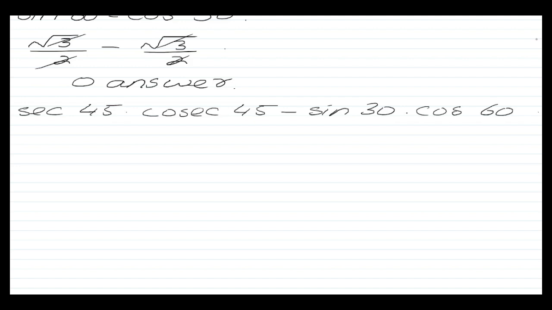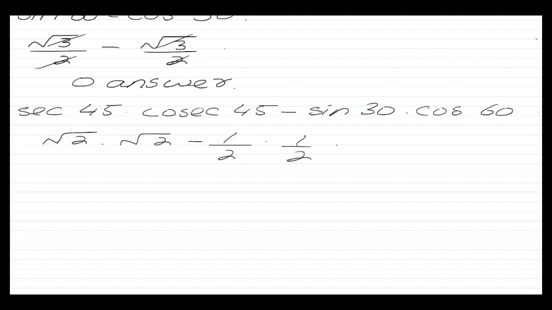So what is sec 45? Sec 45 is under root 2 and cosec 45 is also under root 2. So they will be subtracted with 1 by 2, which is sine of 30, multiplied with the cos of 60, which is also 1 by 2.